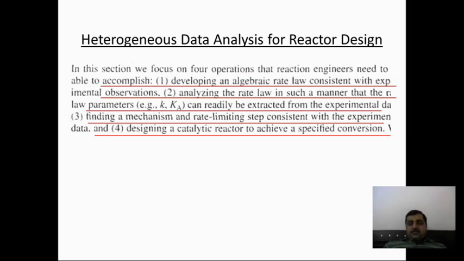Any engineer who is going to design a reactor goes through 4 different operations to accomplish this data analysis. The very first thing is we perform different experiments on a lab scale, and based on these, we have to develop an algebraic rate law consistent with the experimental observations.